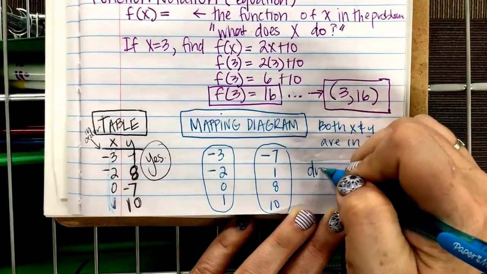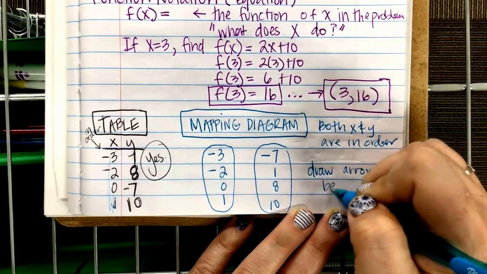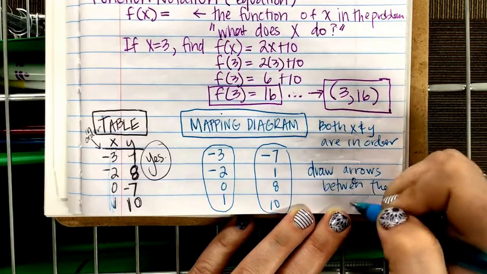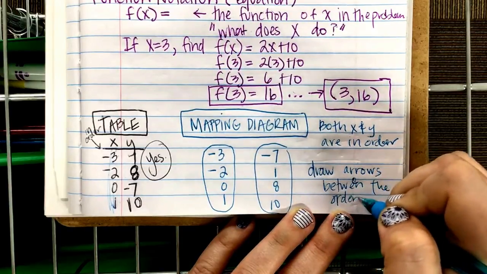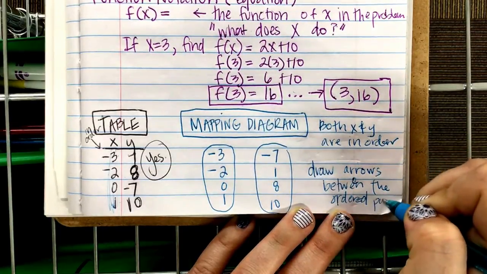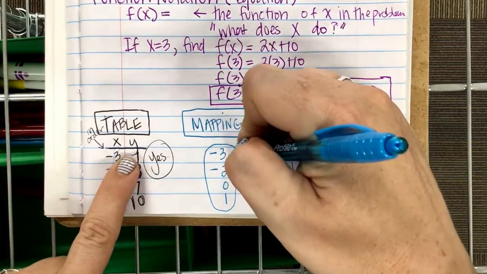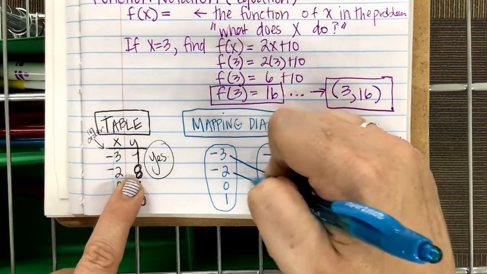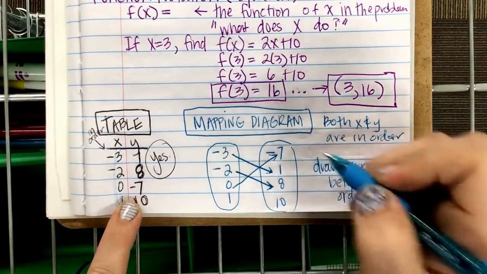And then you draw arrows between the ordered pairs. So -3 goes with 1. -2 goes with 8. 0 goes with -7.